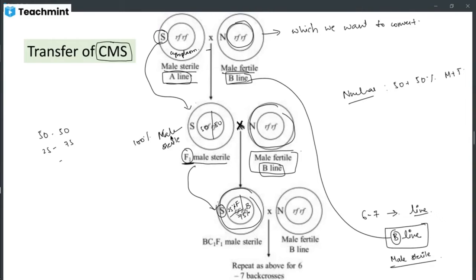And what will be the next condition? 12.5 and 87.5. So ultimately your female nuclear status will reduce by half with every cross, and the other will increase by half. So with this method, with the help of backcrossing, you can transfer the sterile cytoplasm from one line to another line, or whatever line you wish to.